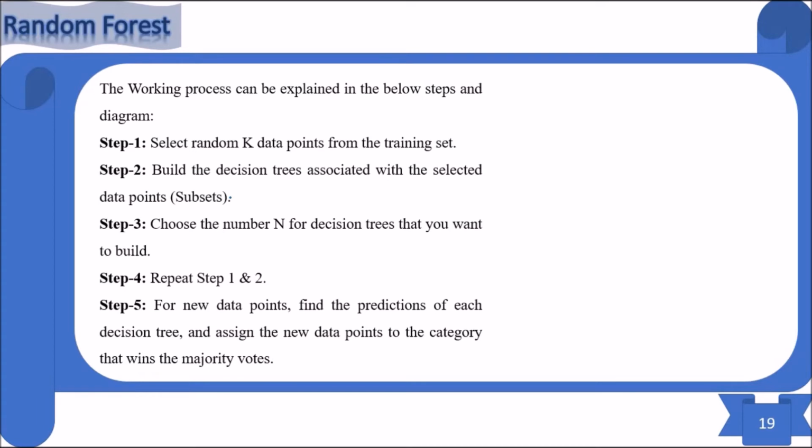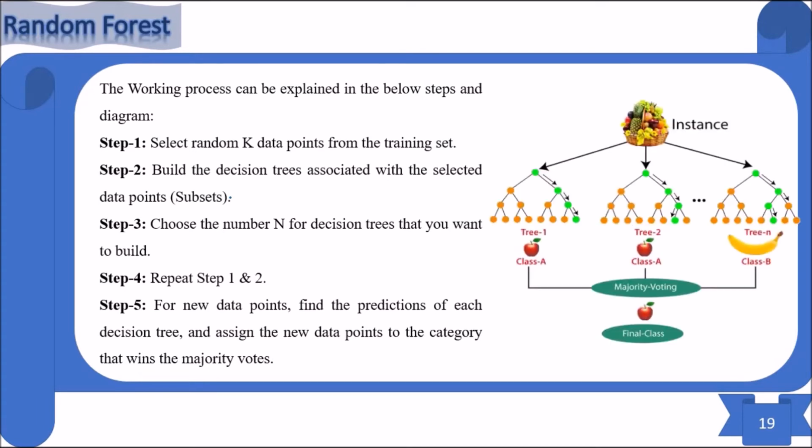Let's understand this working by using this example. Suppose there is a data set that contains multiple fruit images like this. This data set is given to the random forest classifier, and the data set is divided into subsets and given to each decision tree.